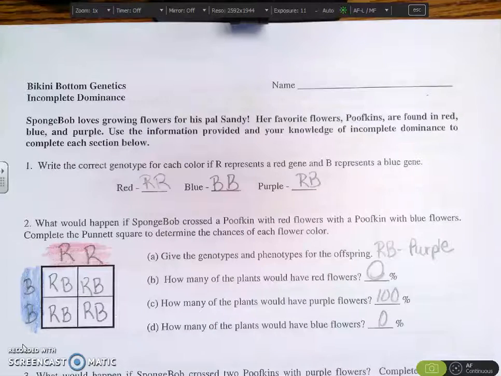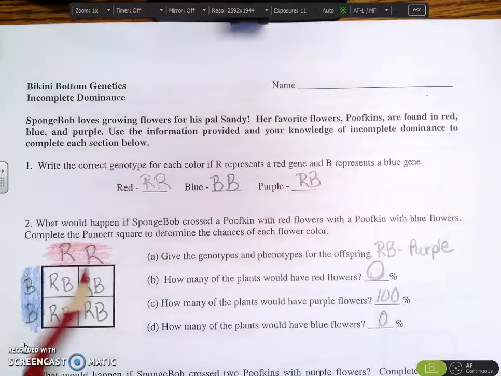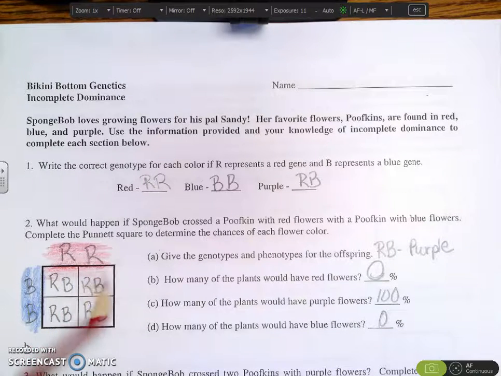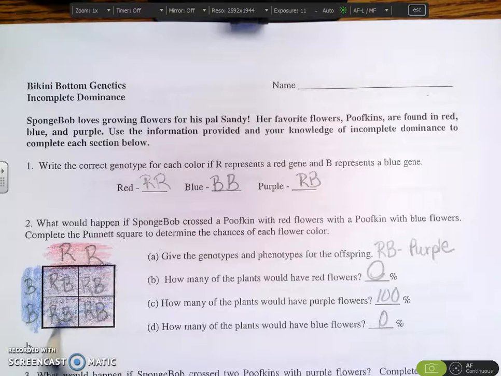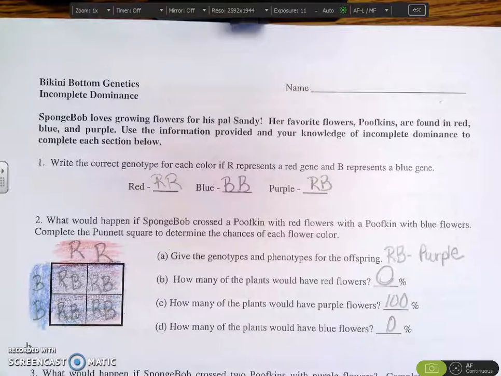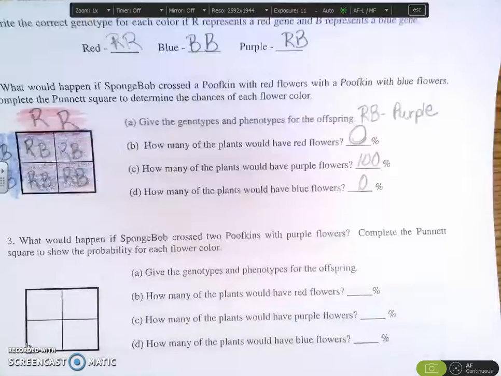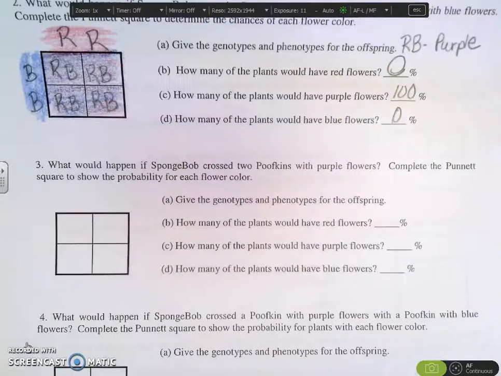So if I bring my red down in every box that there's an R, and then I bring my blue over into every box that there's a B, you can see it's no longer red, it's no longer blue. It looks more of a purplish color. It doesn't show up as good up there on the screen. All right, let's do the next one. You guys do number 3, and let's see if you're right.